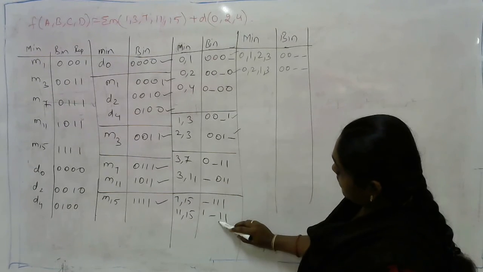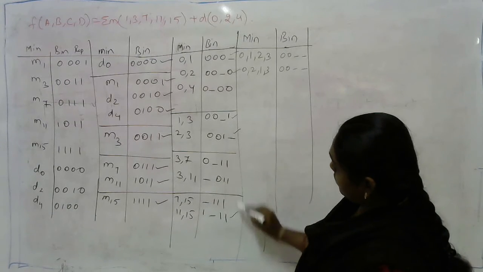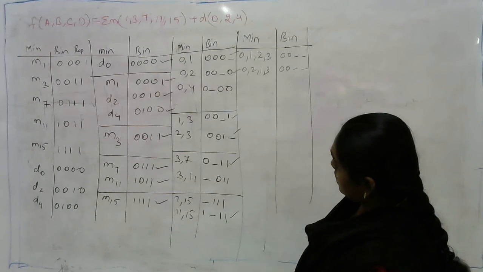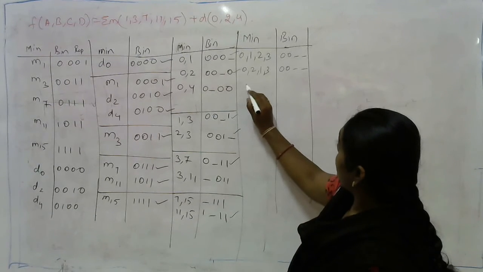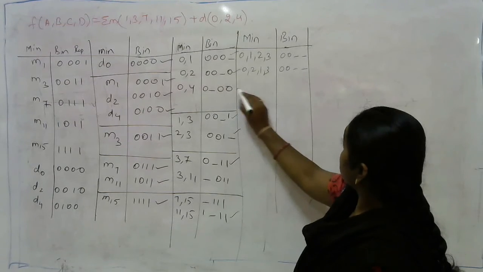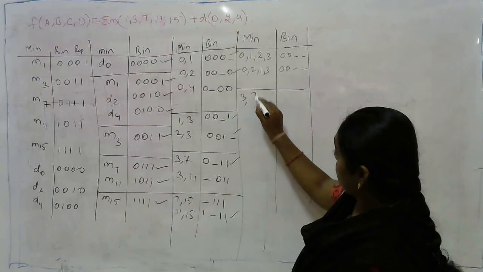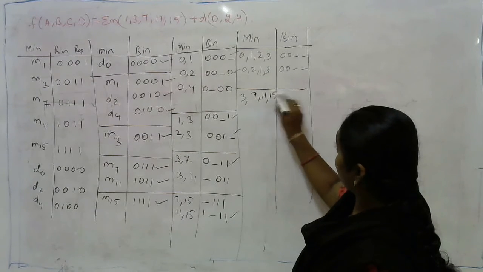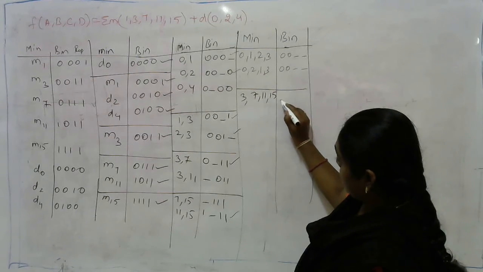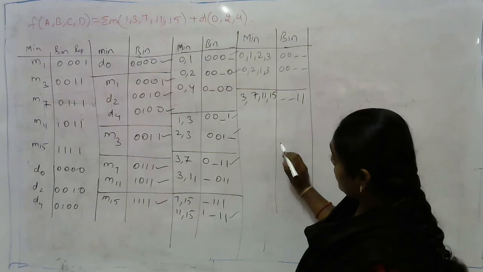Here also there is blank in the second MSB. So if we compare these two, there is change in the single bit position. Once we have finished, again I need to partition these two. This is 3, 7, 11, 15. So dash dash 1 1.